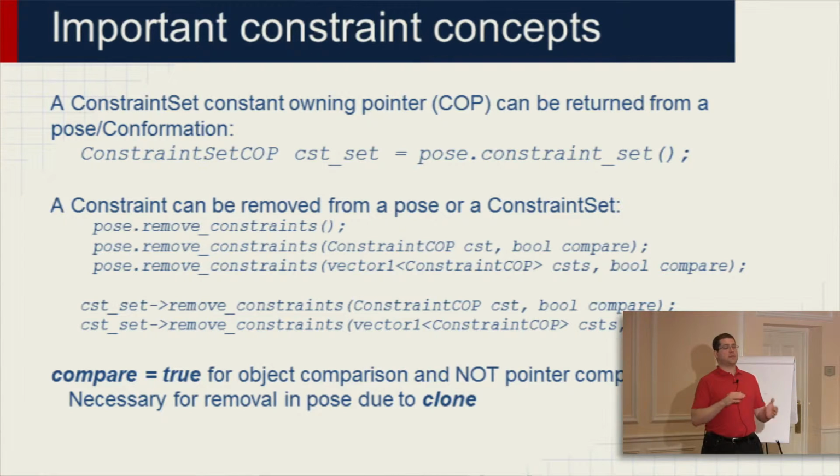So you're not looking specifically at whether this is an identical constraint object, but instead whether it has the same value. And that's useful, again, because of the deep copy semantics. When you put a constraint into a pose, it's going to be copied, so it's not necessarily the identical constraint object, but you would compare it by the value of the constraint to see if it's constraining the same thing.